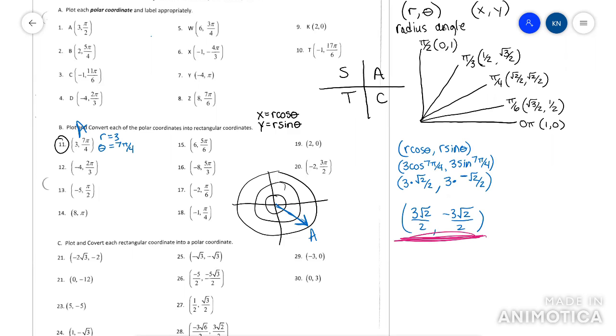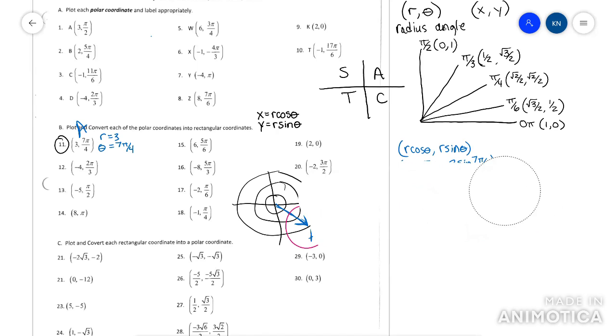Just make sure I'm in the same quadrant. So like 3, if I graphed this, 3 root 2 out, 3 root 2 down would put it like here. Yep, that's where A is, quadrant 4. So I kind of know I'm good to go. That would show you if you missed like a negative, for example. Let's look at another.